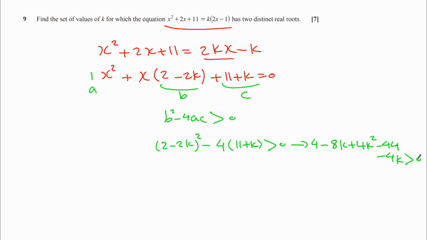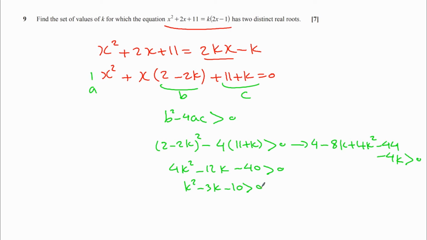So I have 4k squared, now minus 8k minus 4k is minus 12k. Then 4 minus 44 would be minus 40. That needs to be larger than 0. All of this is divisible by 4, so we can just divide by 4 to simplify it a bit. So k squared minus 3k minus 10 should be larger than 0.